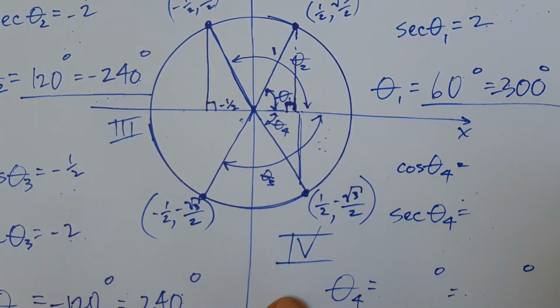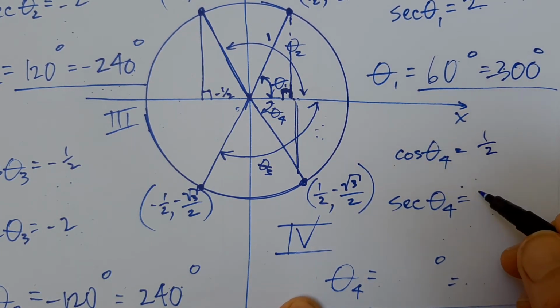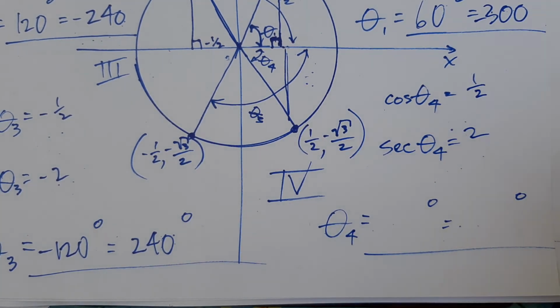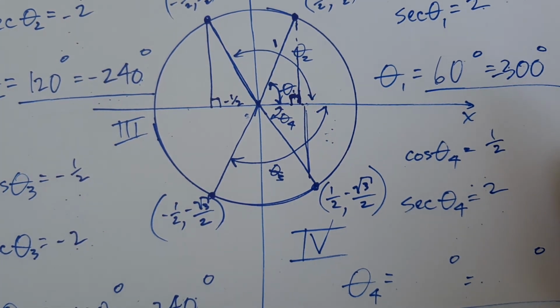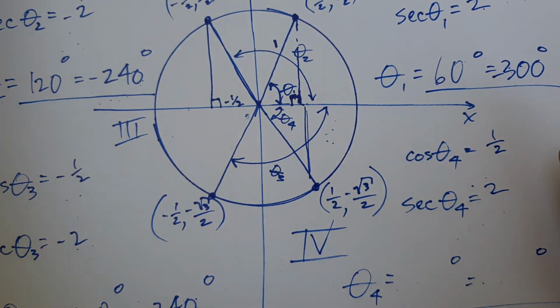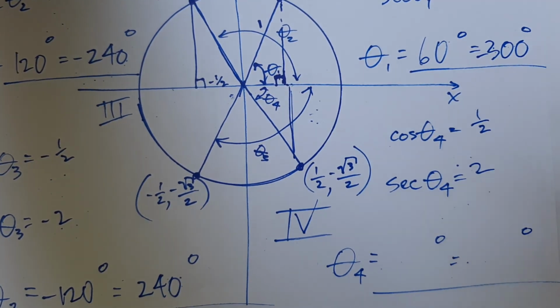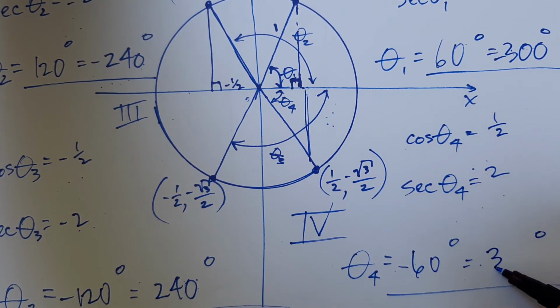My x value is positive, so my cosine and secant values would be the same. Hopefully the symmetry of these helps, and we reviewed special right triangles, right? Your 30, 60, 90, and your 45, 45, 90, and what the values of the legs of the right triangles are. And of course this would be minus 60 or positive 300.